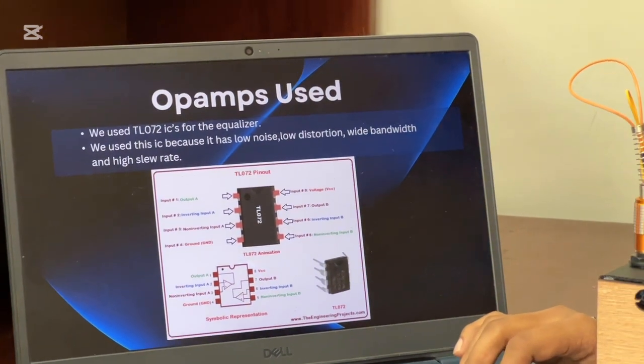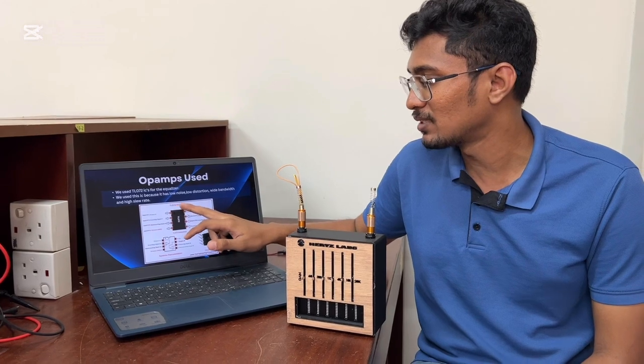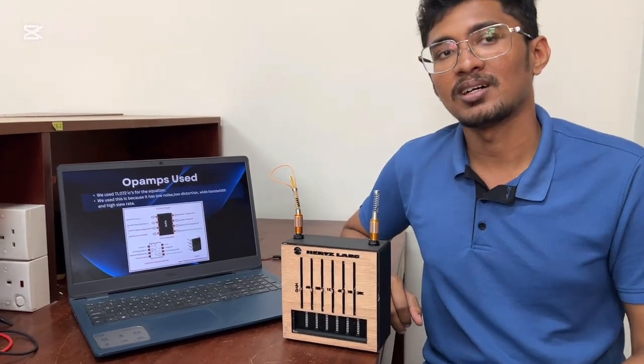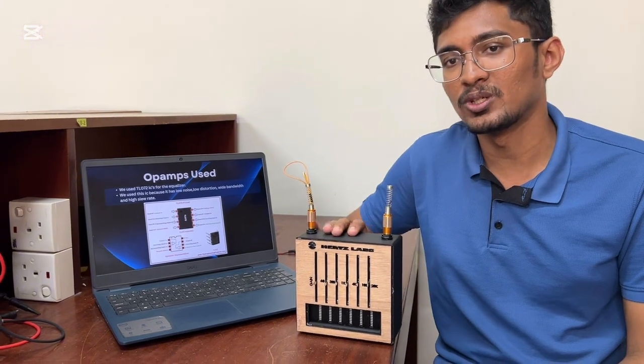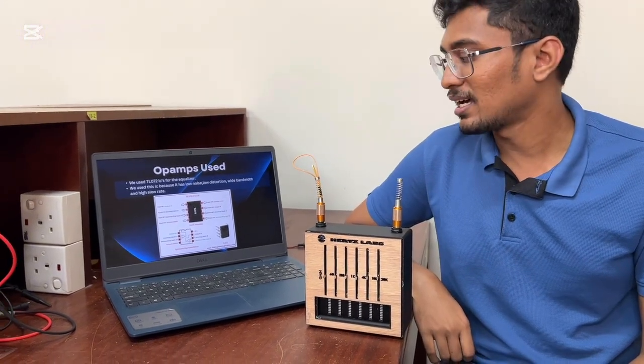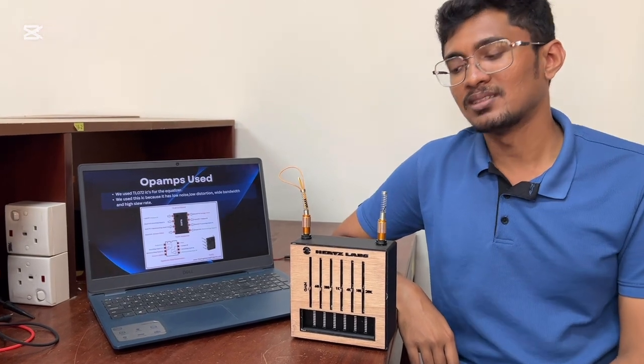And yes, we have used the TL072 op amp, considering the noise requirements of our audio processing, and the slew rates and power consumption.